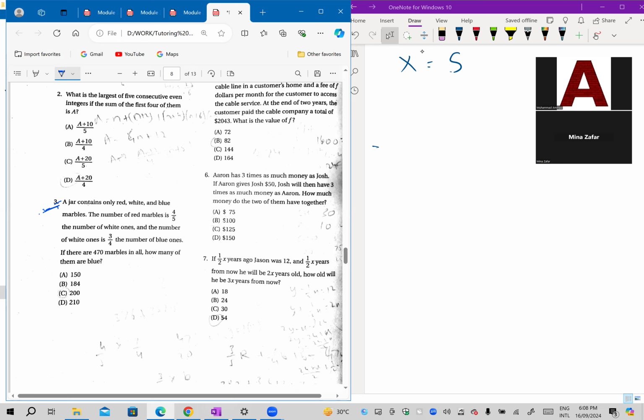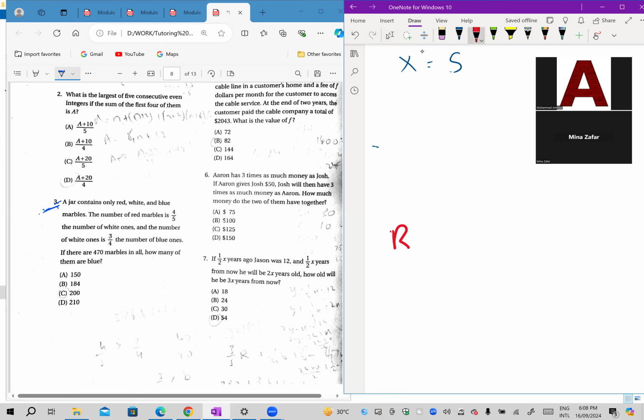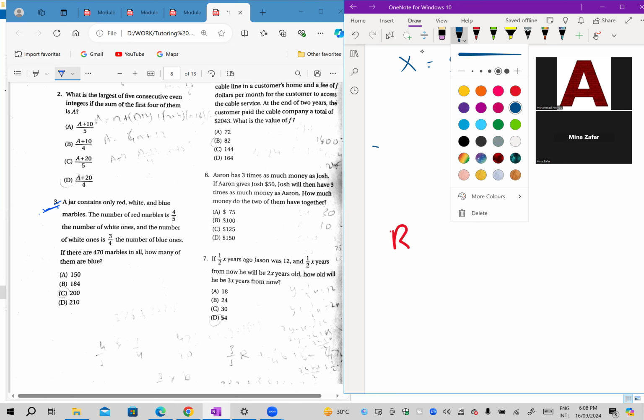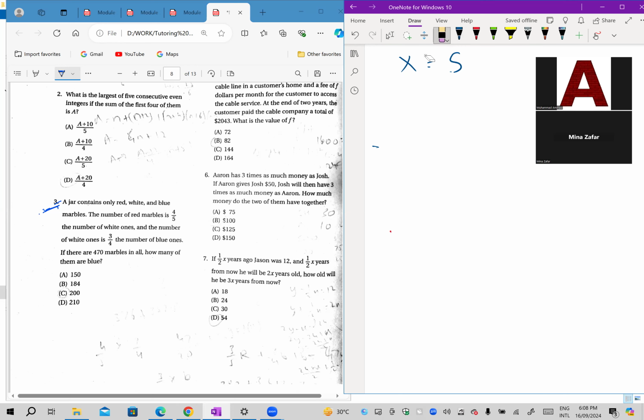So we've got red marbles, white marbles, and blue marbles. Let's try to create the expressions that represent the number of marbles in each of these jars. Red marbles is 4/5 times white marbles.